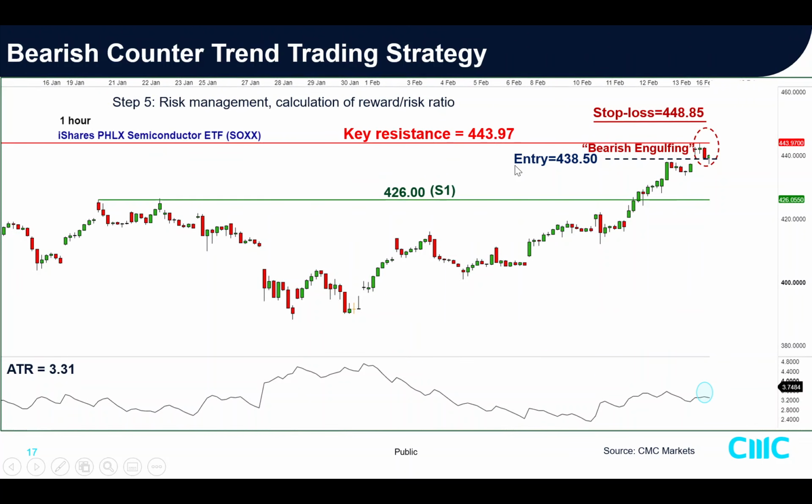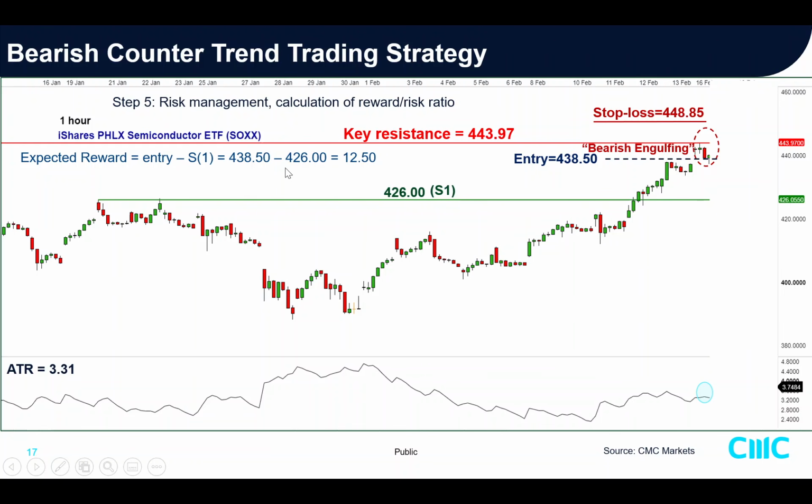Then from there onwards, I could calculate my reward risk ratio to see whether it is worthwhile to take this trading strategy. As we recall, we want a reward risk ratio of more than 1. My expected reward will be my entry minus S1 because we are looking for a bearish setup. So I will sell high and buy back lower in this trading setup.